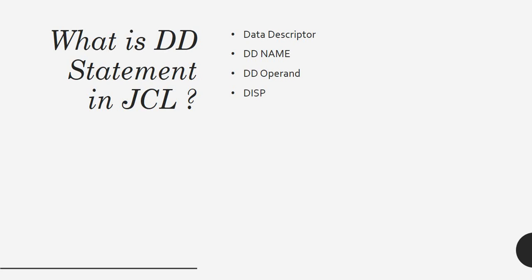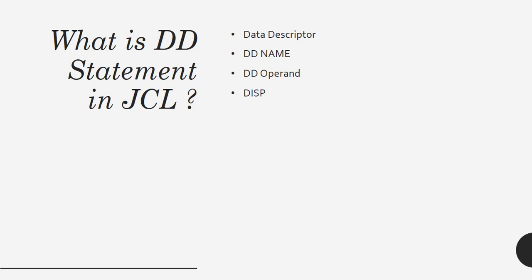At the same time, a DD descriptor will have a DD name defined. Just as a step will have a step name and a job will have a job name, a DD will have its DD name, ranging from 1 byte to a maximum of 8 bytes. And are DD names system defined or user defined? We have system defined DD names and we have user defined DD names.